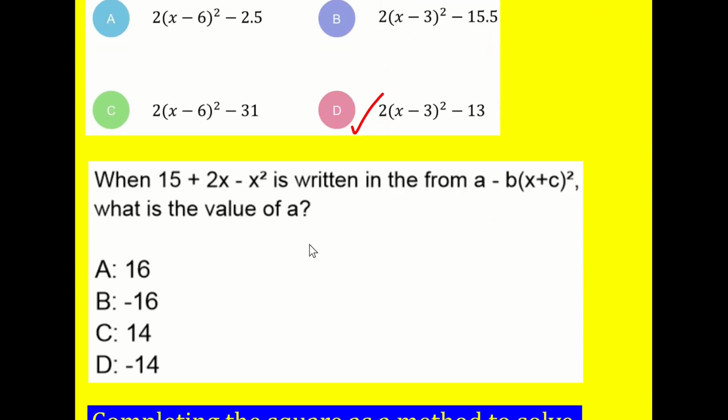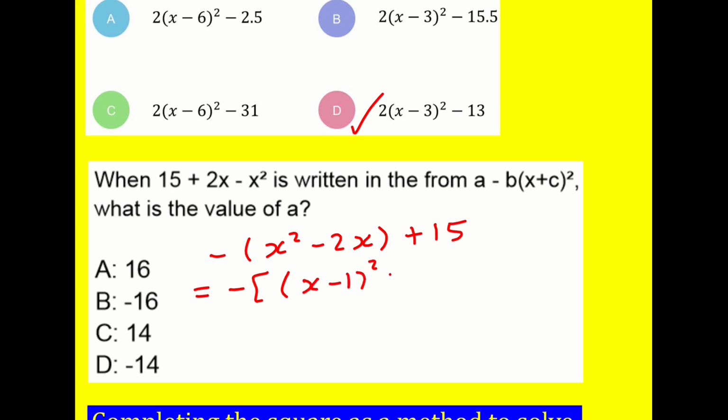And just one with a negative in. I'm going to take a minus out. It's going to become x squared minus 2x. I've rearranged it as I've gone along. Still plus 15. Now factorize, complete the square on x squared minus 2x. x minus 1 squared minus 1.